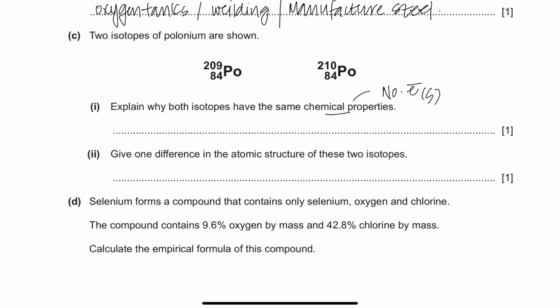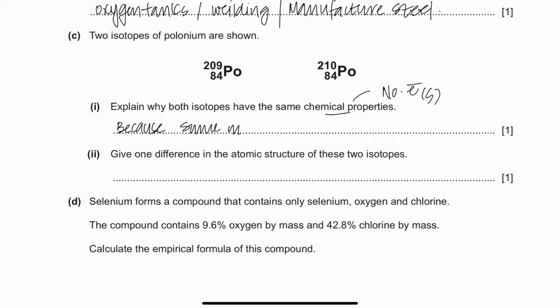So I've told you guys बिल्कुल शुरू में ये बात है when we were doing atomic structure. मैंने कहा था आपको कि physical properties will depend on the number of protons. If they are the same, the physical properties will be same. But if the electron number is same, obviously the chemical properties will be same. So you say why do both isotopes have same chemical properties? Because they both have the same number of electrons.